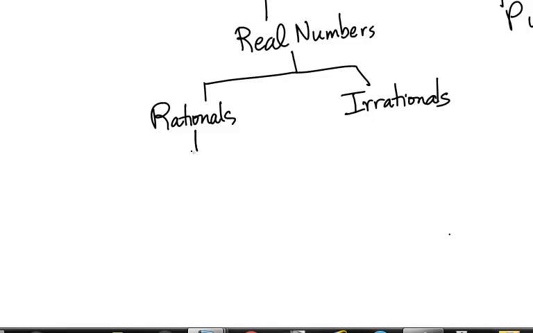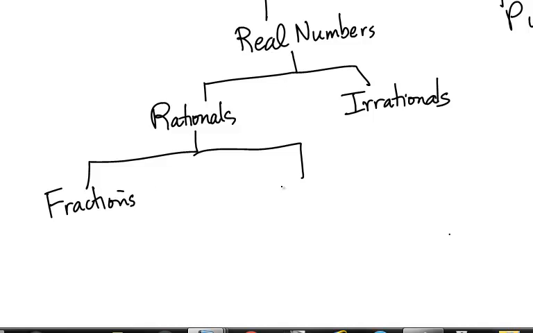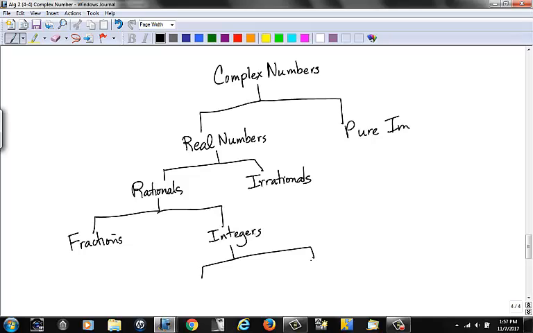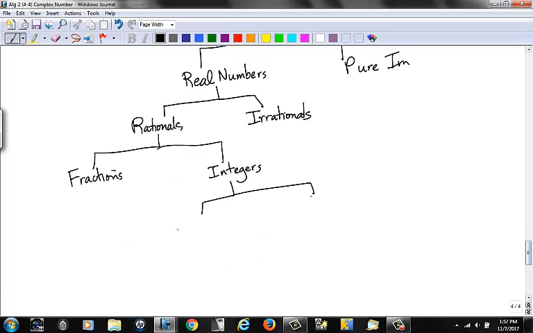Okay, and then we end up going from the fractions and the integers. The integers are like 0, 1, 2, 3, negative 1, negative 2, negative 3. Then split the integers up into the whole numbers.